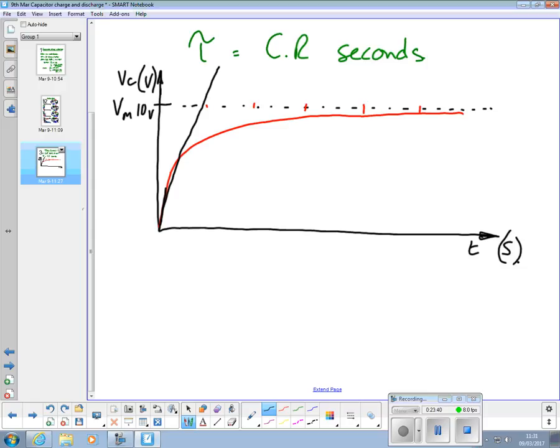But if the initial 1 amp is caused by applying 10 volts, then it would hit that 10 volts in CR seconds.